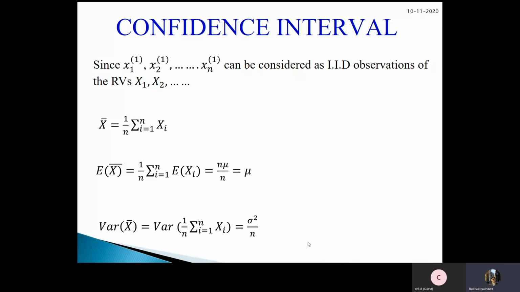So let us take the sample mean and see what the randomness of the sample mean is. What we do is find the expected value of the sample mean and the variance of the sample mean. If you just apply the expectation operator, you see that the expected value of the sample mean comes out to be mu, equal to the population mean.